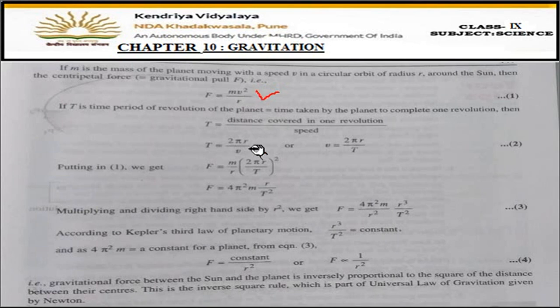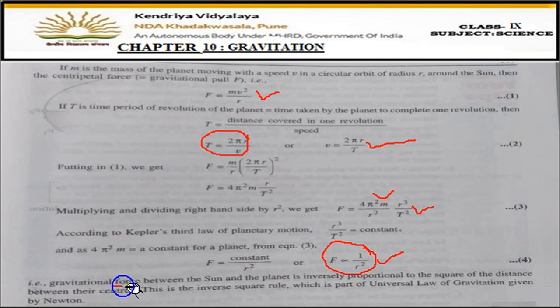The value of speed is equal to distance upon time, then time value we will find, and from here v value can be found out. Put the values, open the squares, and find out which terms are constant, and you will come to know that every constant will be removed and only F directly proportional to 1 upon r square will remain here. So this is the inverse square rule.